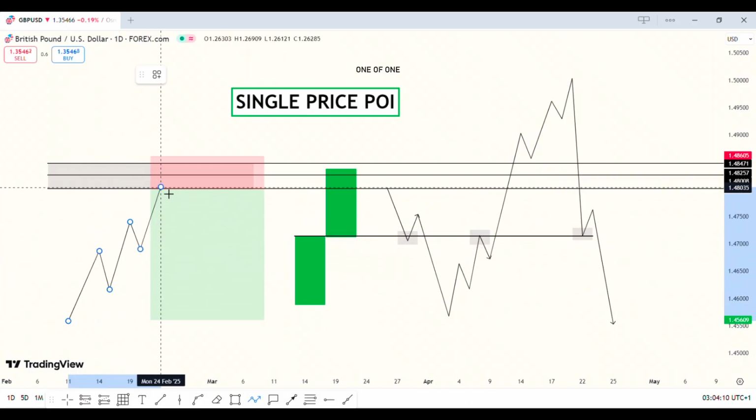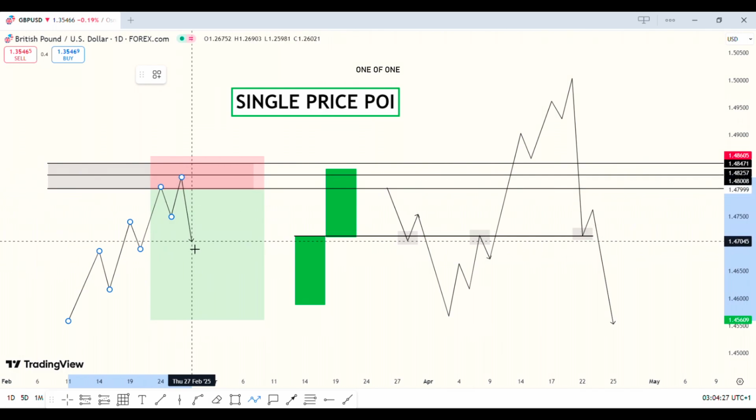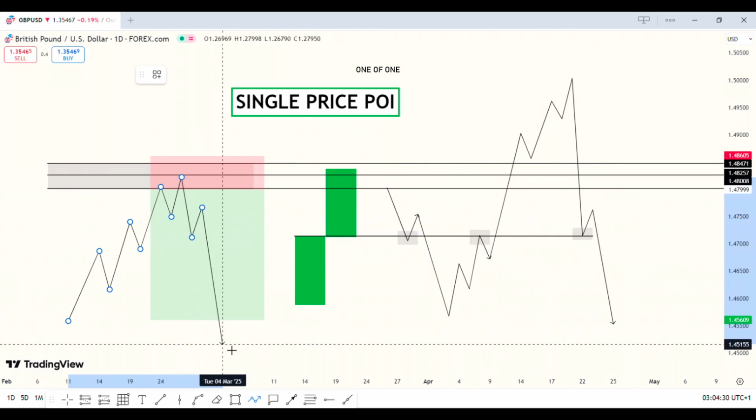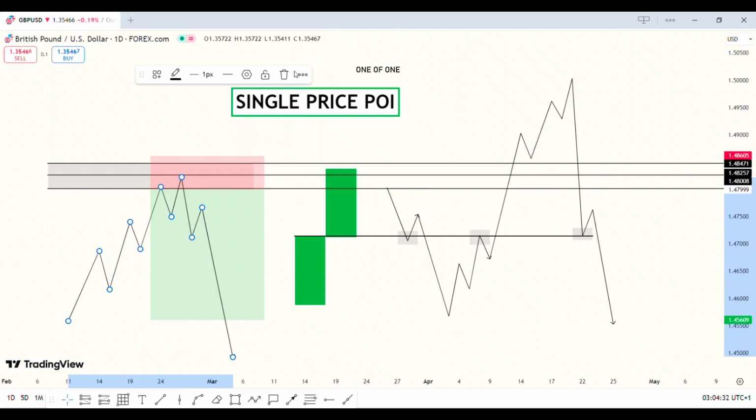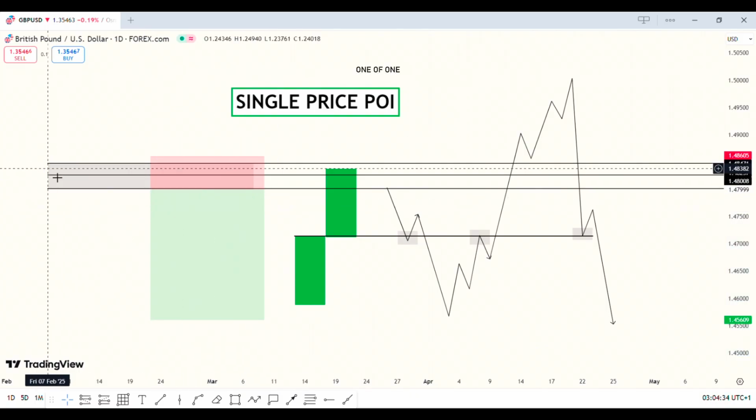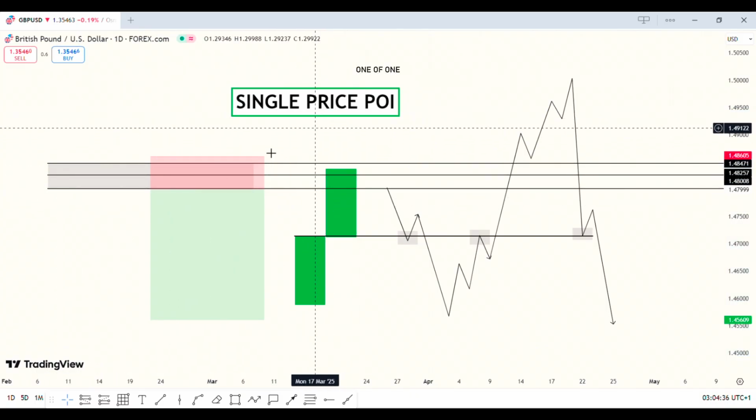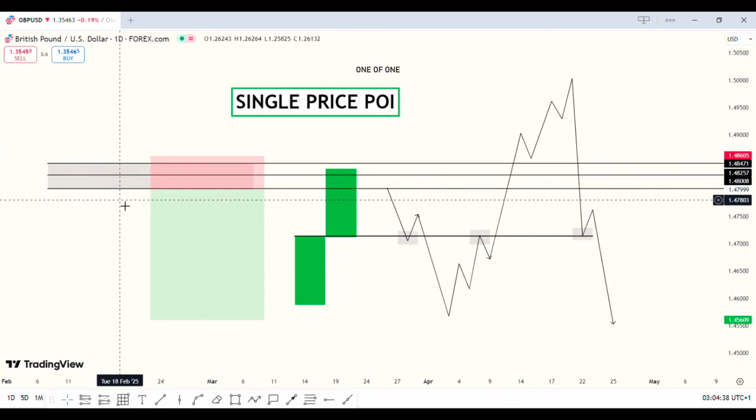Price taps into that, and most of the time it won't get to the last or final single price POI, or if it gets to the final single price POI, it's going to reject it after giving a sniper entry, most of the time immediately, and it's going to move. Now, the reason why we do it like this is because you really don't know which single price POI within that zone the price intends on reacting from.